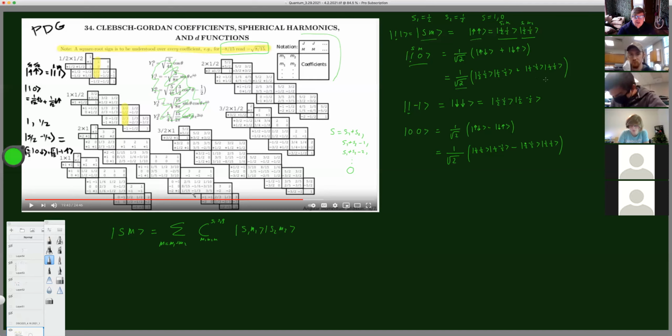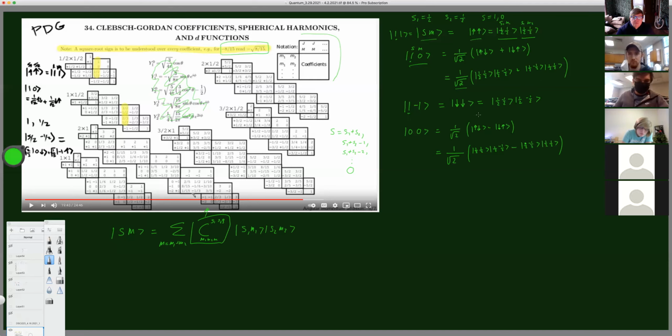Okay, first of all, what is the part of this table that I would use for adding a spin 1/2 with another spin 1/2? Where am I looking for that? Can you say that again? Where is the part of this table where I can get these things? Oh, in the diagonal boxes.